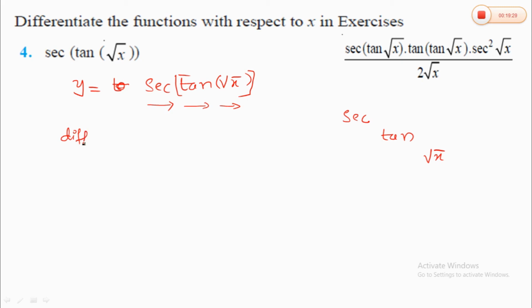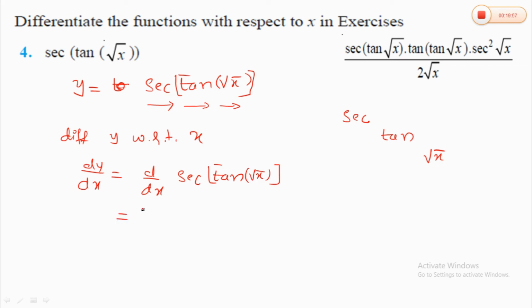Differentiate y with respect to x. dy/dx is equal to d/dx of sec of tan of root x. So we know that the derivative of sec x is sec x tan x.